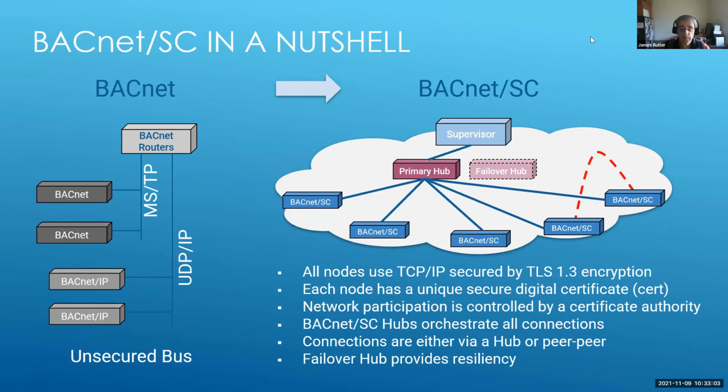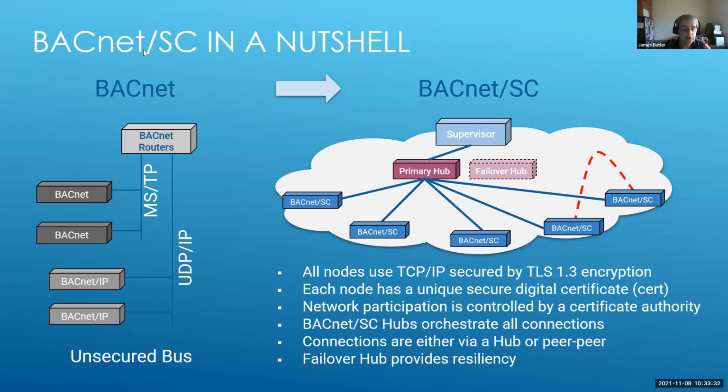So one thing that I want to emphasize about BACnet Secure Connect, which is a little different from how your browser might connect to your bank's server, is that in BACnet Secure Connect, we require that every device have a digital certificate that is signed by a locally controlled certificate authority.